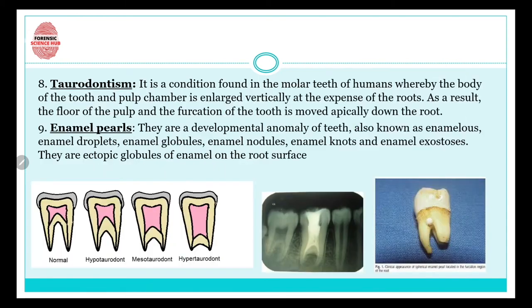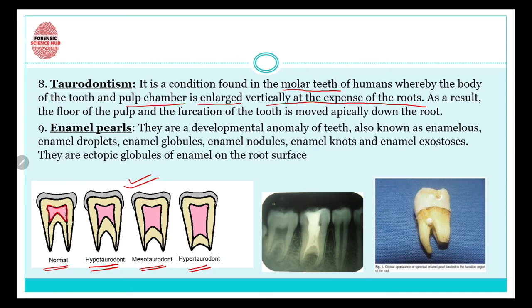Next comes taurodontism. It is a condition that is found in molar teeth of human, whereby the body of the tooth and the pulp chamber is enlarged vertically at the expense of the root. So if you look at this picture, this is a normal teeth. There can be three types of taurodontism: hypotaurodontism, mesotaurodontism, and hypertaurodontism. In normal condition, we have the normal pulp chamber.